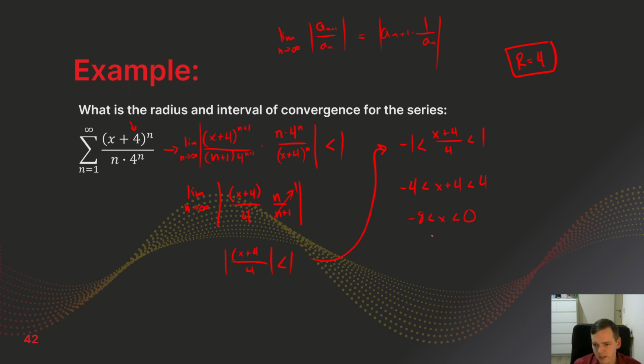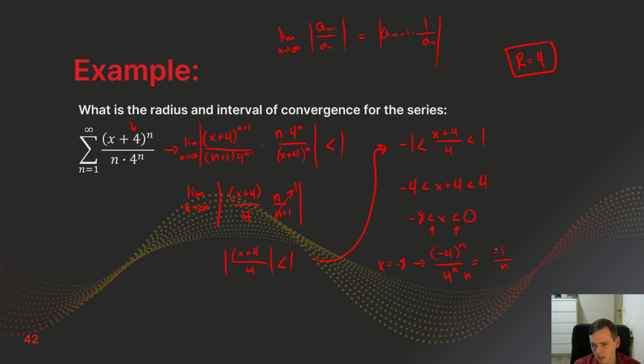Now we need to find out if these are less than or equal or just less than expressions. So let's plug in x equals negative 8, evaluate it, and plug in x equals 0. So if x equals negative 8, we get the expression of negative 4 to the n over 4 to the n times n, which means we get negative 1 to the n over n.